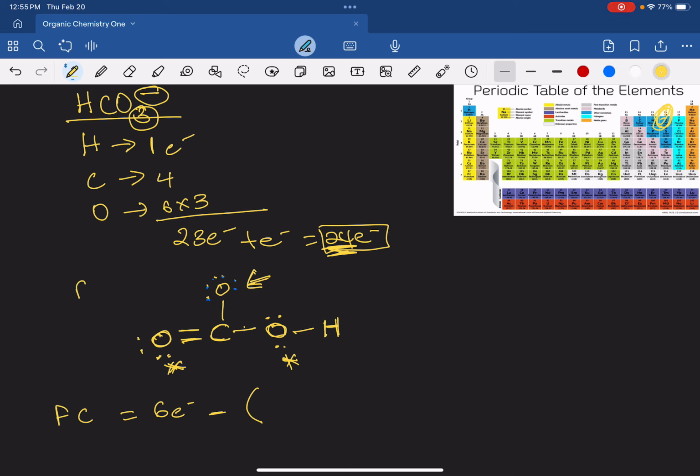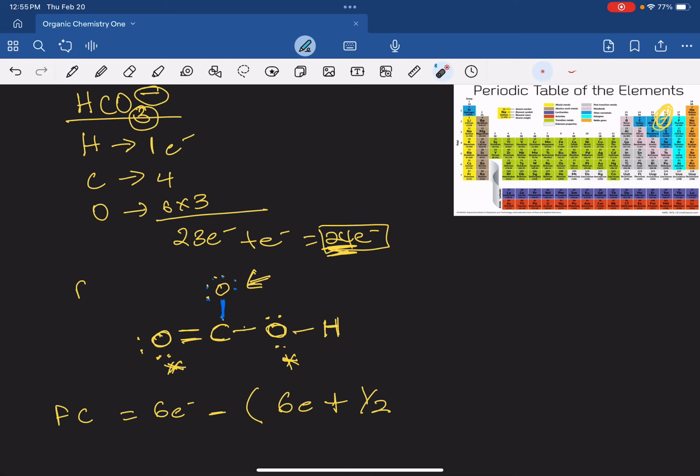So this is going to be 6 electrons, plus half the number of bonded electrons on this oxygen. This oxygen only has 2 bonded electrons. Notice my focus is only on what's going on with this oxygen, okay?